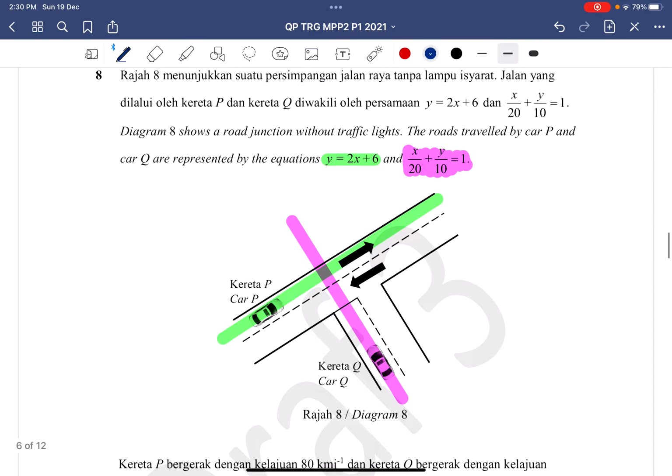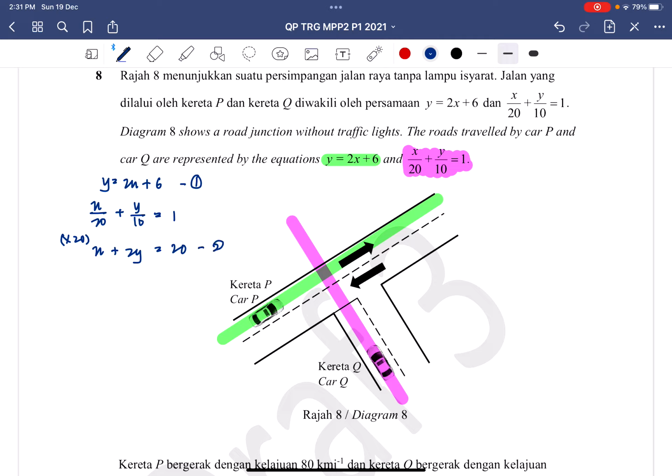I will let y = 2x + 6 be my first equation. I will let x/20 + y/10 = 1 be the second. For this equation, it's hard for me to substitute, so I will just simplify it first. Times 20 on both sides, so I get x + 2y = 20. Then this will be the second equation.